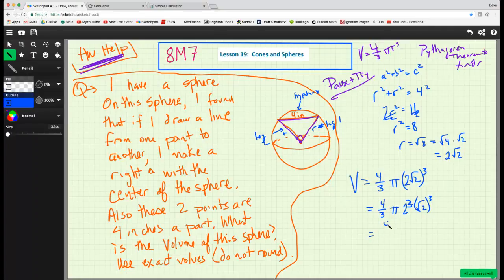So that's equal to 4/3 times pi times 8. Square root of 2 cubed is the square root of 2 times the square root of 2 times the square root of 2. Well, the square root of 2 times the square root of 2 is 2. So now we get 4/3 pi times 8 times 2 times the square root of 2.